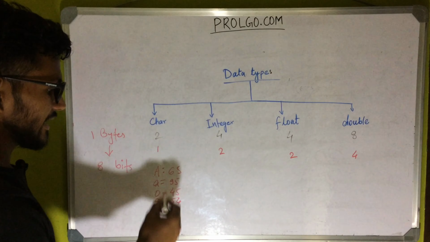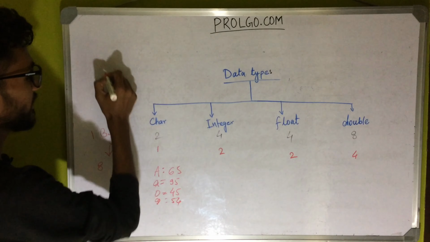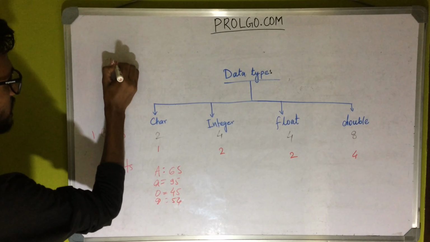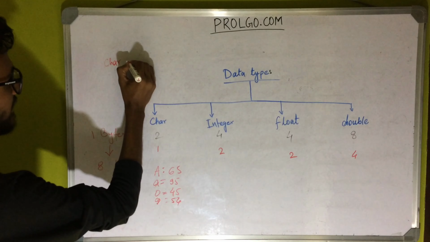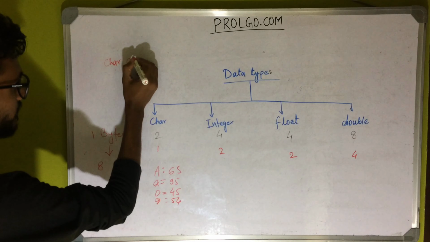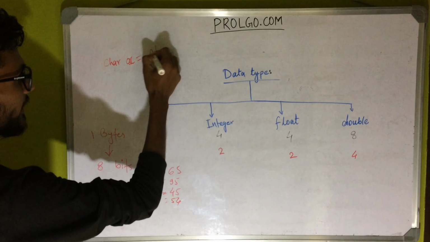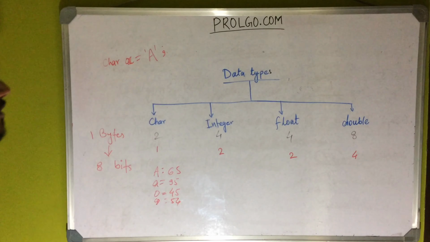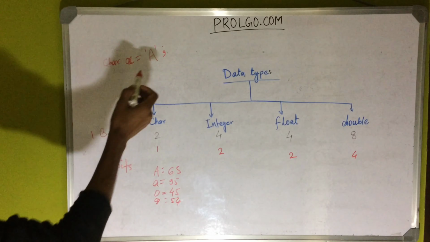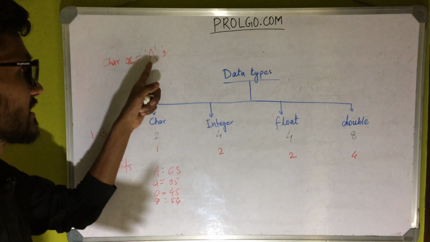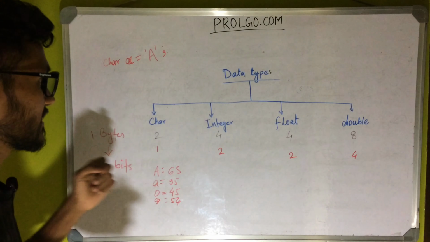Whatever the data is, suppose you have declared one character variable, char x, and you have stored A. How will it be stored? First it will be converted to its ASCII value, which is 65.